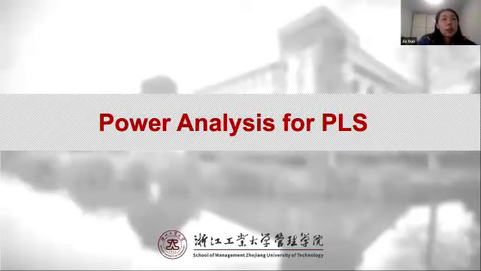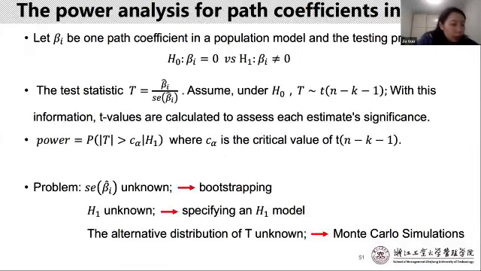We will talk about the power analysis for PLS. Since there is no model fit involved in PLS, we only study the power analysis for path coefficients in PLS. So this is a testing problem. The beta i here is one path coefficient in the population model.